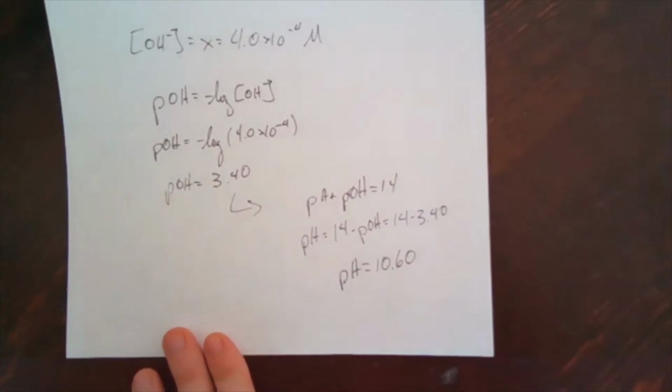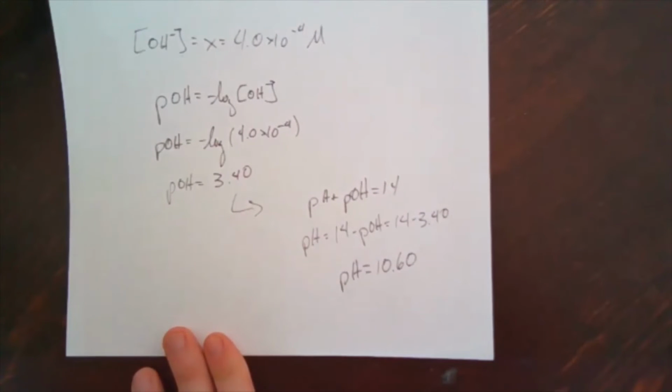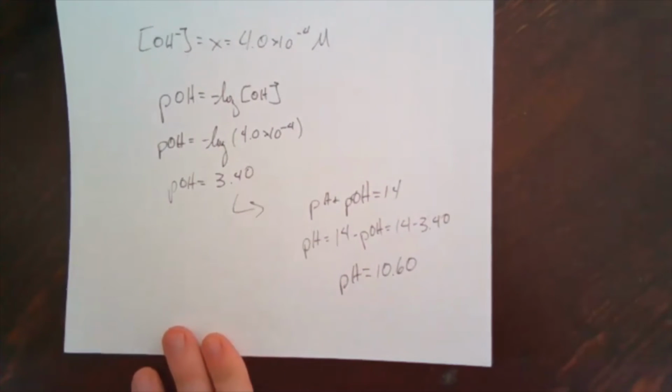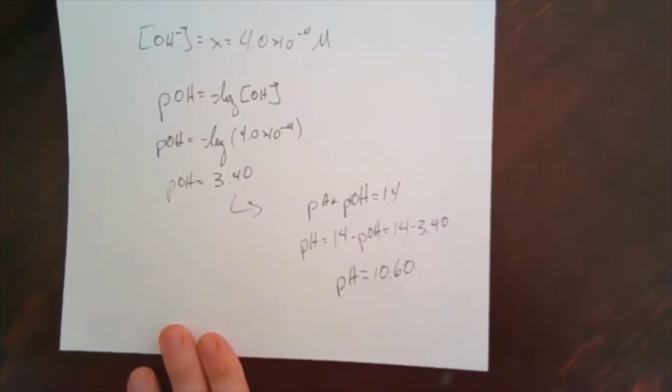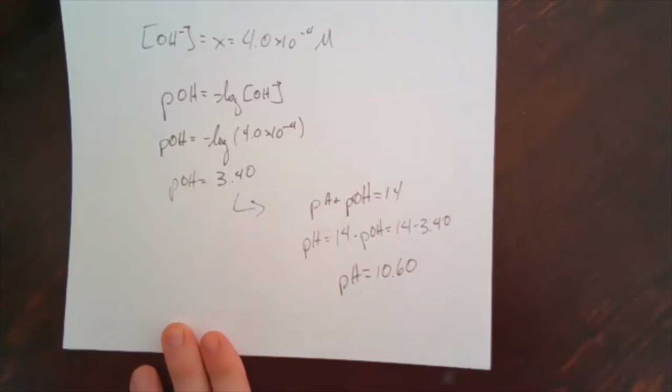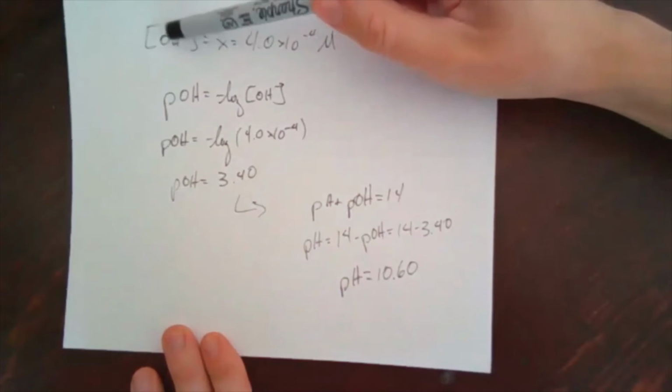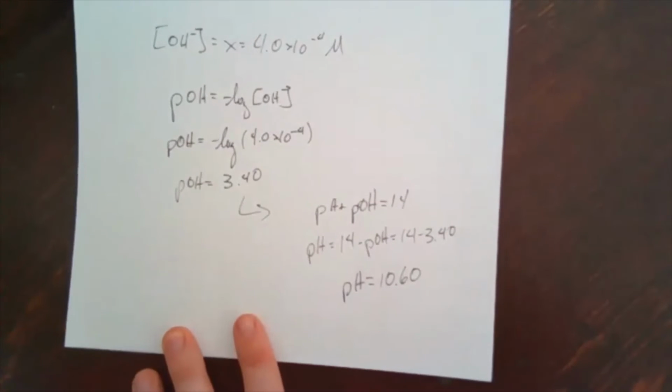So when you're dealing with weak bases, really the weak base creates hydroxides. So you're going to get the concentration of hydroxide at equilibrium. You can use that to calculate the pOH and relate that to the pH. Alternatively, you can take the concentration of hydroxides and turn that into a concentration of hydroniums.